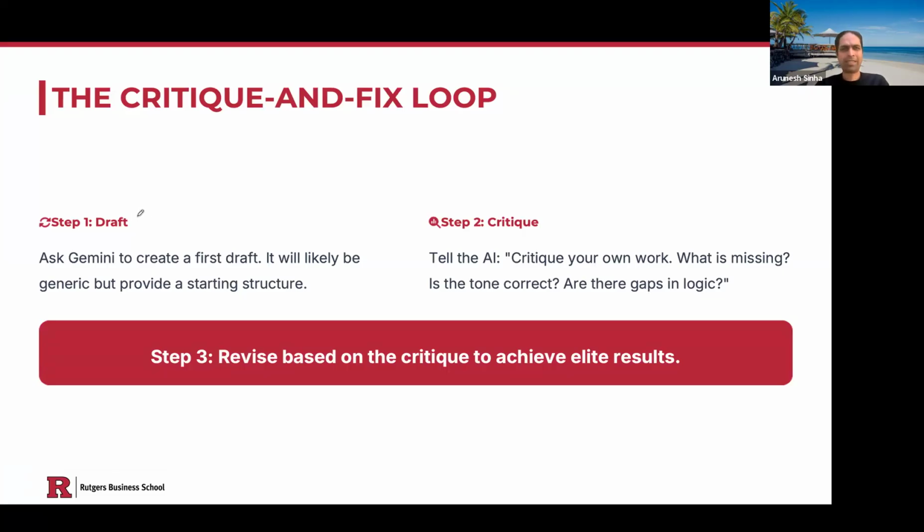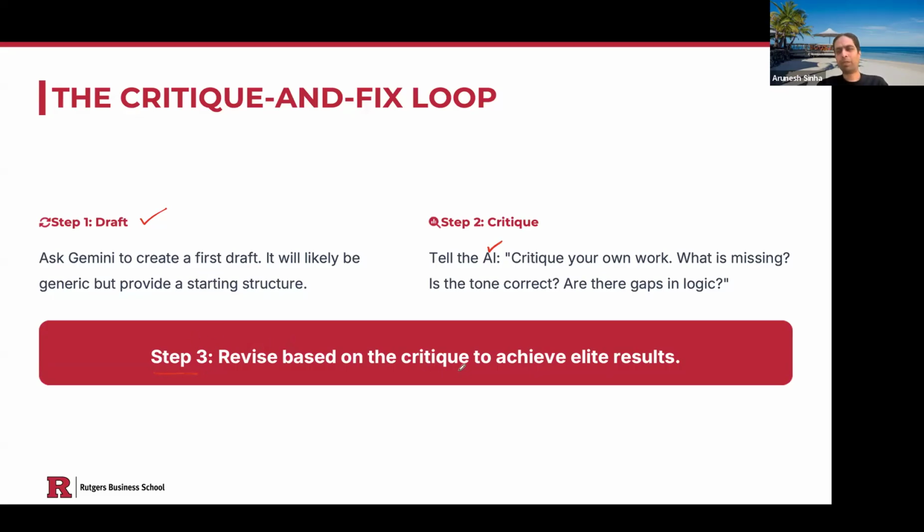It's very often the case that you would first want the LLM to create a first draft, particularly if it's a big thing. If you're generating a document of 10 pages, you want to generate a first draft, and you can give it a starting structure. You don't expect the draft to be perfect, but then you ask the LLM itself to act as a critic: critique your own work, find what is missing, is the tone correct. The LLM will give you these things, and then you use those in step 3.